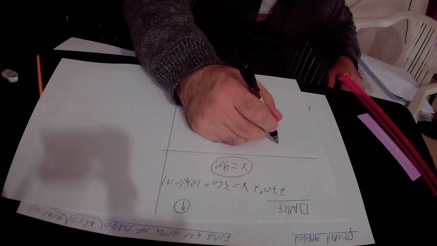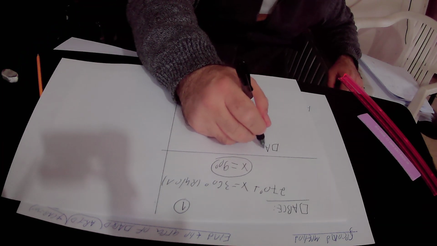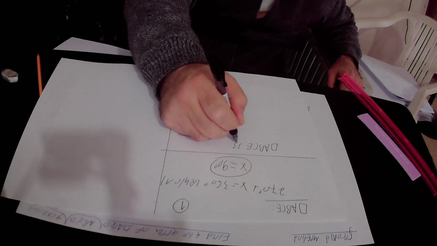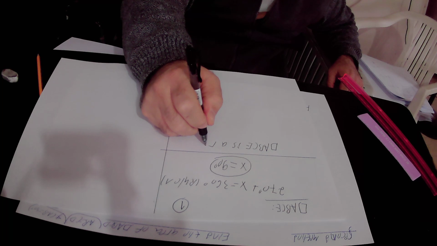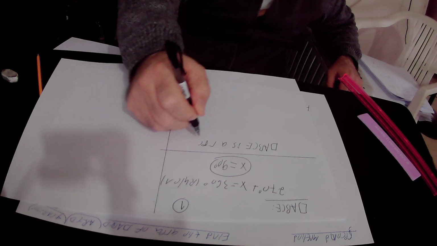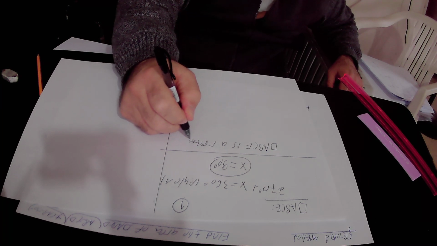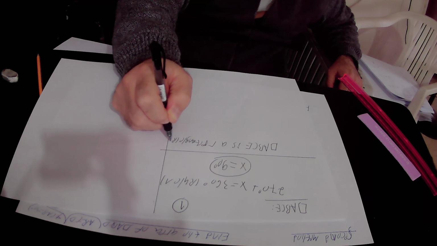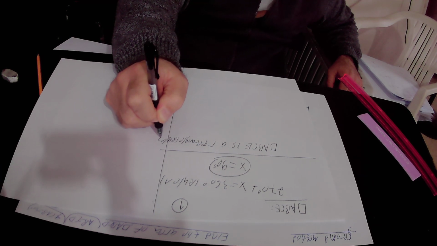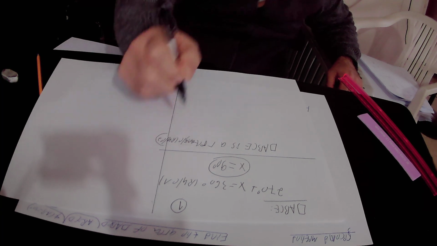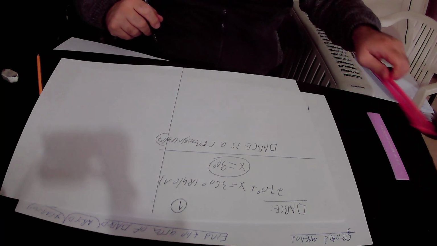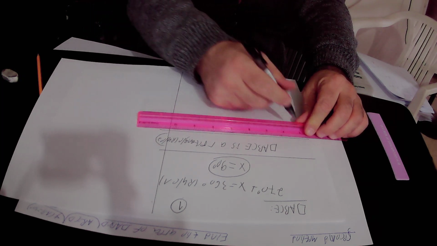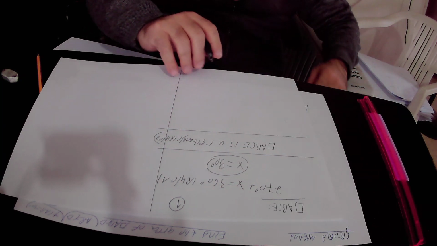According to rule number 2, quadrilateral ABCE is a rectangle. And we also have rule number 3 that states that the opposite sides of a rectangle are equal to each other.